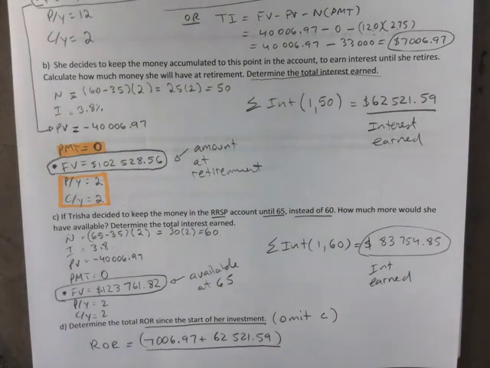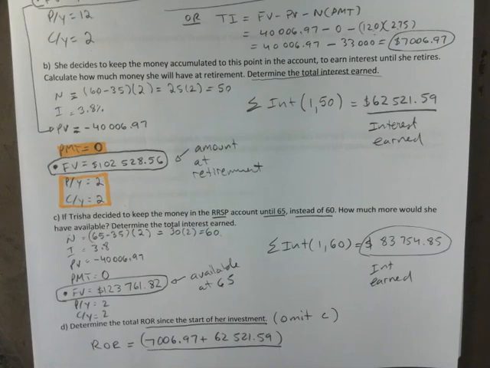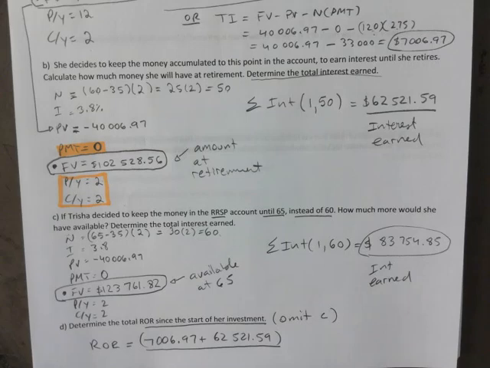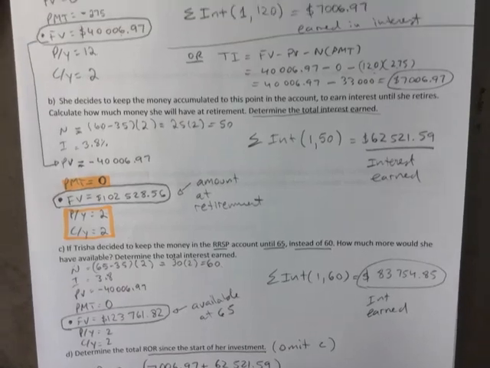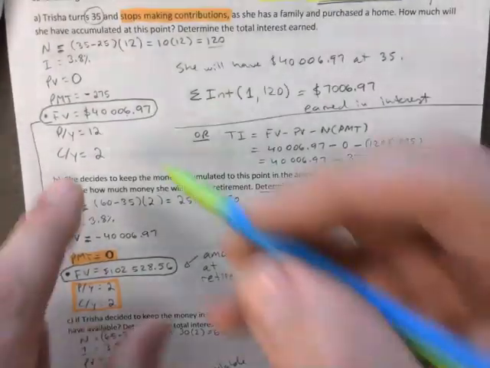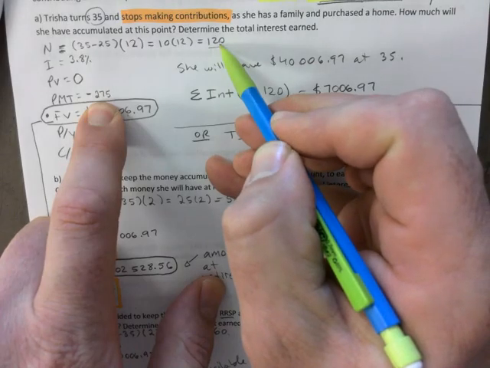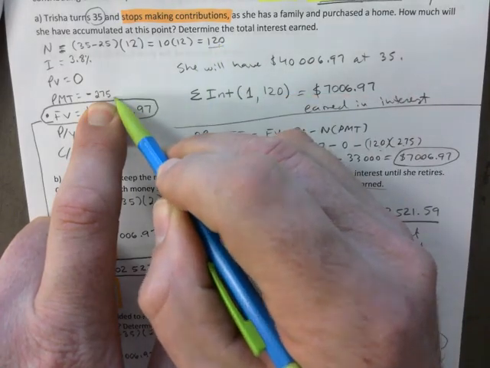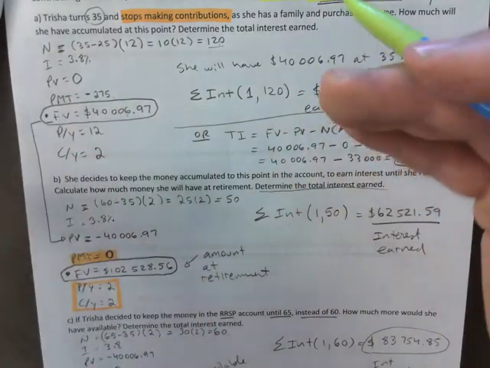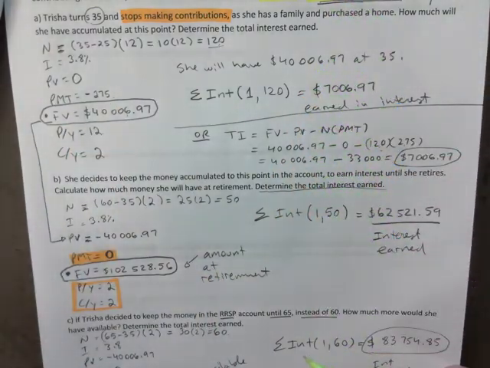How much money did Trisha put in from her money overall, guys? Before you go, how much money did she put in from her own hard-earned cash? Let's go up here. She made 120 payments of $275, right? That's all she did, and then the rest she just let it sit and accumulate.